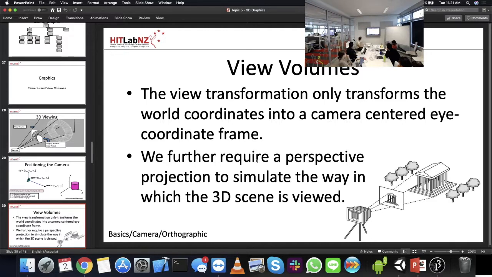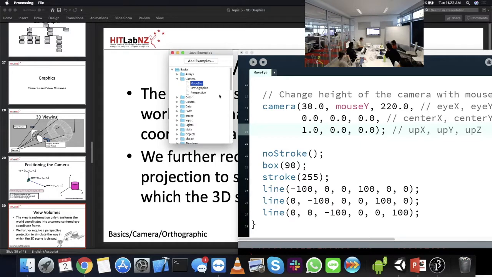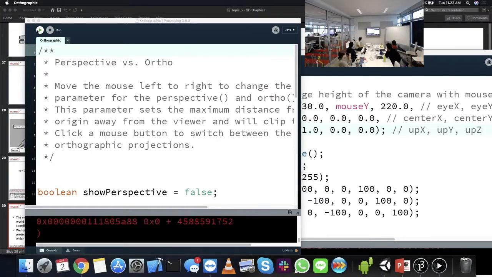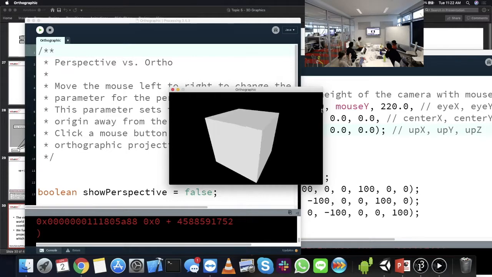So then we have to have another projection which will take those 3D points from the view of the camera and flatten them out into 2D. And there's two main ways which we can do this projection. So the two main ways we have of rendering 3D graphics to a 2D plane is perspective and orthographic.